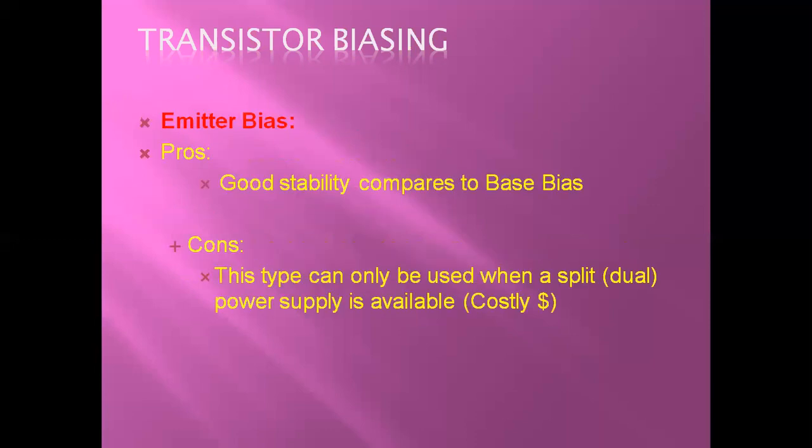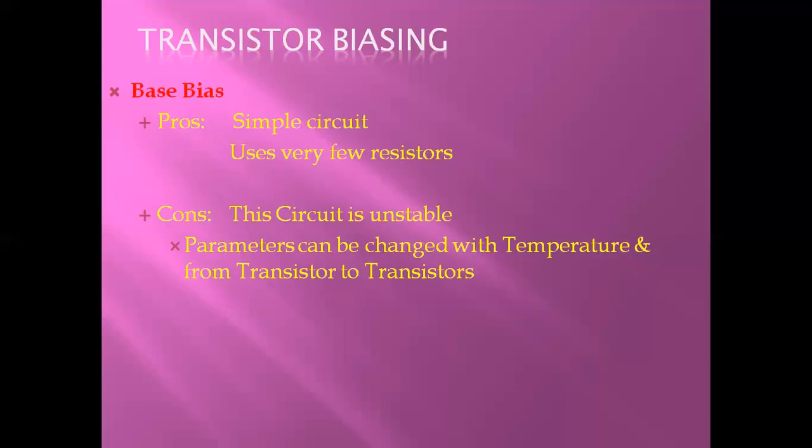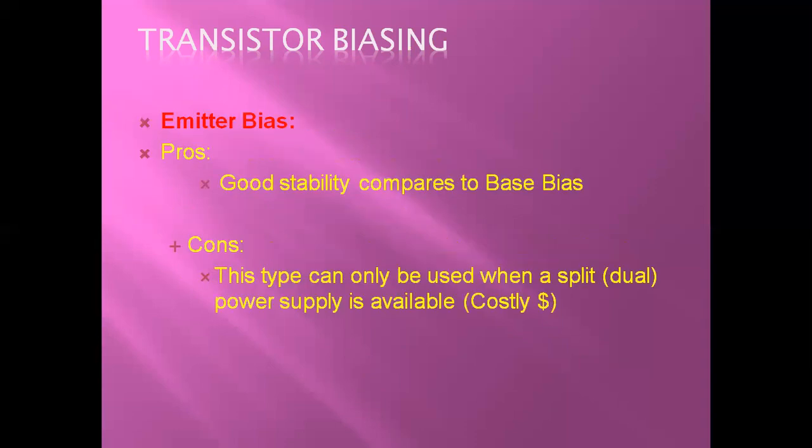In the case of emitter biasing, we have an approach with good stability when compared to the base bias. Looking at the circuit construction, the base bias circuit is unstable because it also changes with respect to temperature from one transistor to another.